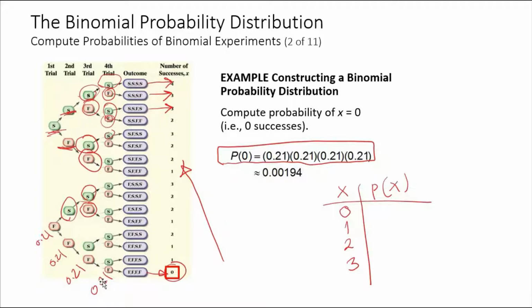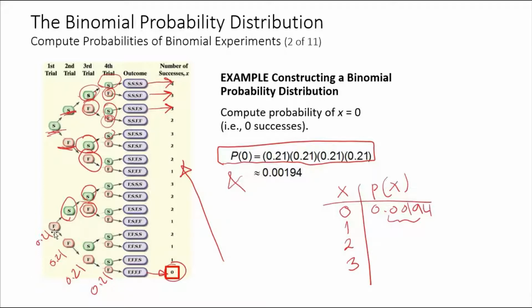Since this is a binomial experiment, we know that trials are independent, and as a result, we're going to say this is just the multiplication. We're going to use the multiplication rule since we hear the word and. So we're going to multiply all of the probabilities together, and we're going to get 0.00194. Usually we round to 4 decimal places. And we will continue with the rest of them.